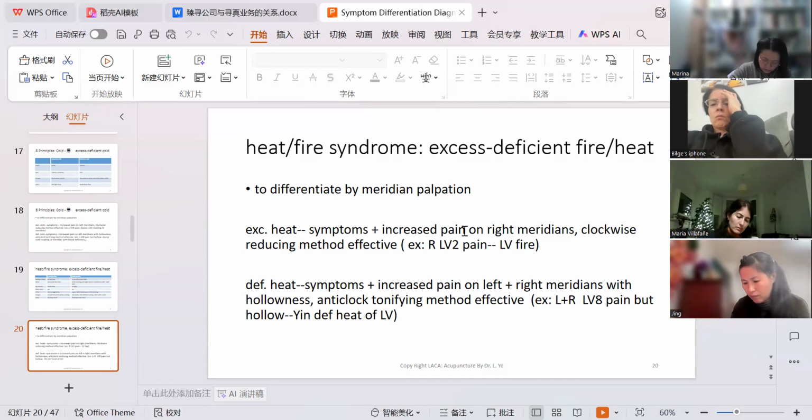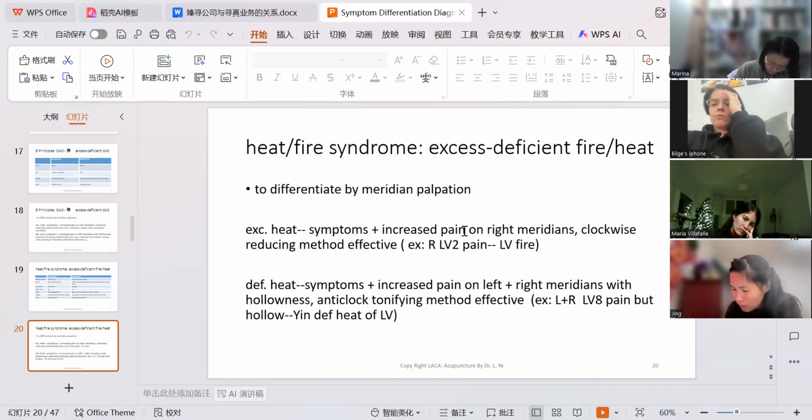Okay. And if it's deficient heat, symptoms increase the pain on the left, or plus the right meridian, because if it's heat, the right side can also be painful. But usually the point shows a hollowness. And when you work on the left side, anti-clockwise on the left side works better than the right side.